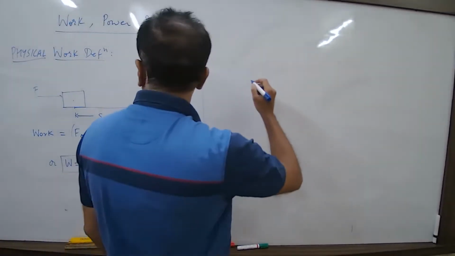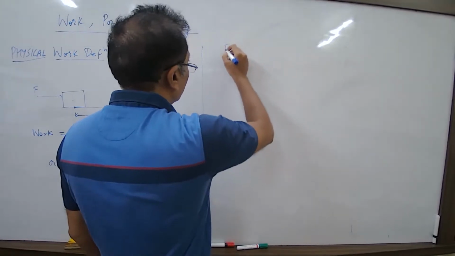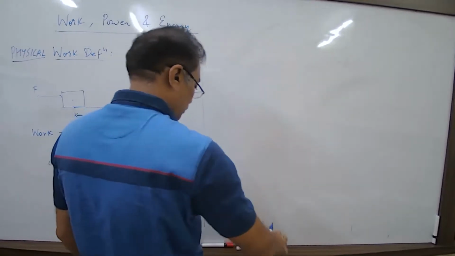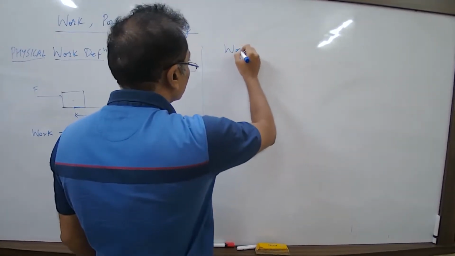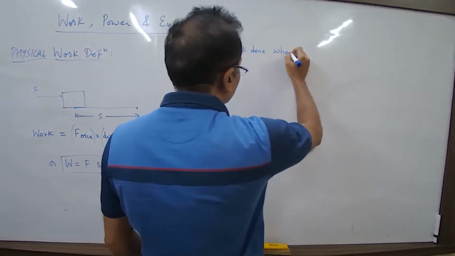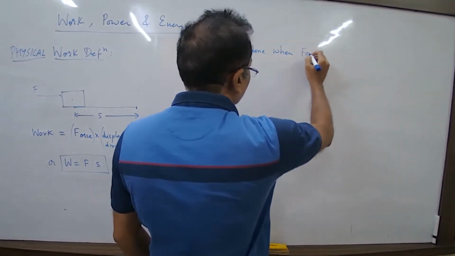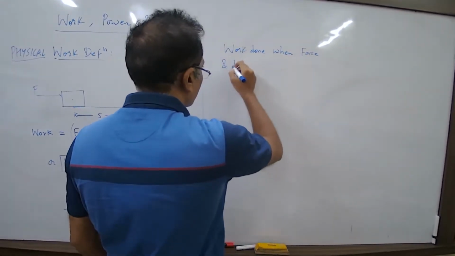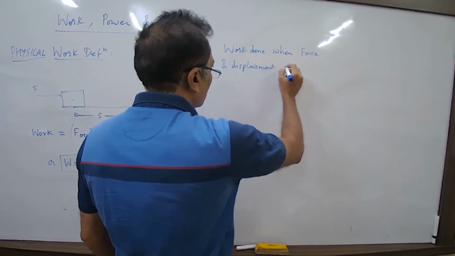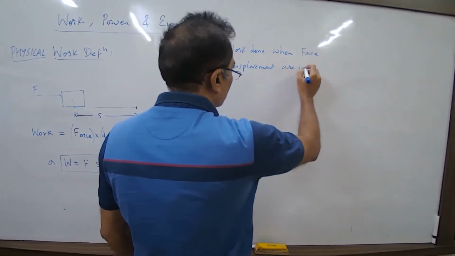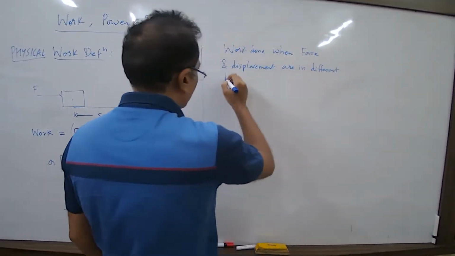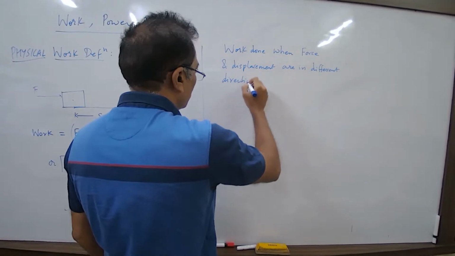For example, work done when force and displacement are in different directions. Then how do we calculate the work?